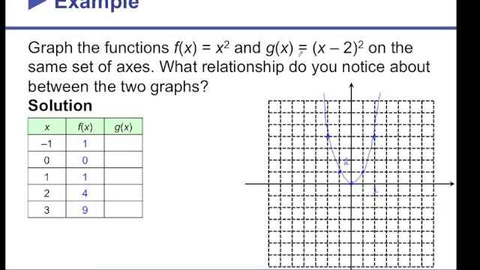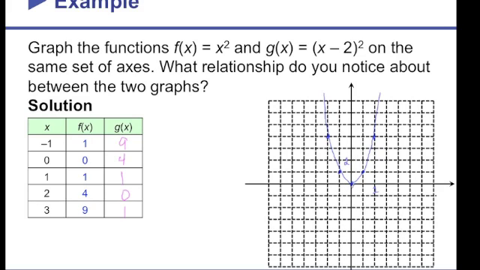We'll go to the g of x, so negative 1 minus 2 would be negative 3 squared is 9. 0 minus 2, negative 2 squared is 4. 1 minus 2, negative 1 squared is 1. 2 minus 2, 0 squared is 0. And 3 minus 2, 1 squared is 1.